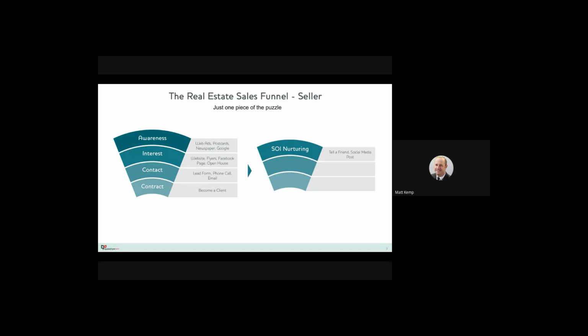So whenever they get through the funnel and they get to that contractual stage, that doesn't mean that they leave the funnel. So through things like direct mail, email, phone calls, with whatever frequency you choose, you're going to be able to do something like set up an SOI nurturing to be able to utilize that secondary funnel.